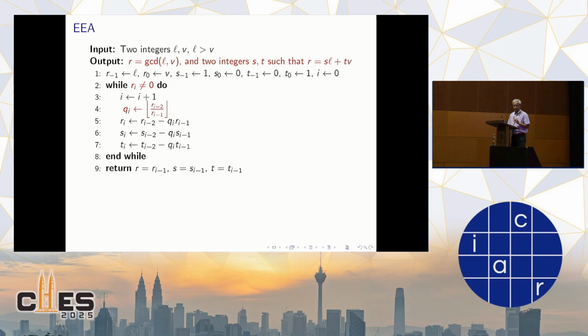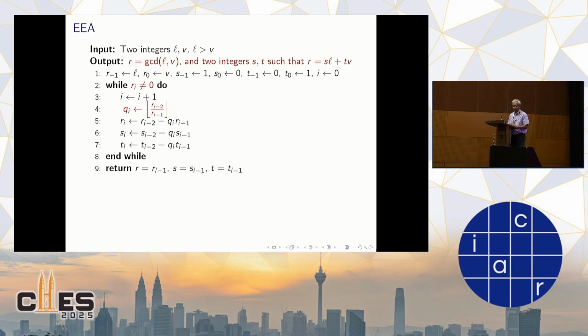Things to note here: the initial values of the R variables are close to, for example, 256 bits long if L is 256 bits long. On the other hand, the length of the T variables is just 0. As you can see, initially T minus 1 is initialized with 0, and T0 is initialized with 1.